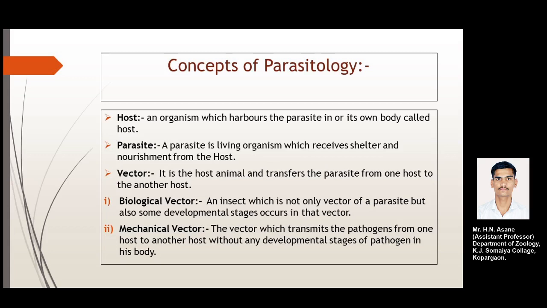With that saliva, the mosquito transmits the malarial parasite, the Plasmodium species, into human blood. This is how that mosquito transmits the malarial parasite, and why it is named the biological vector.